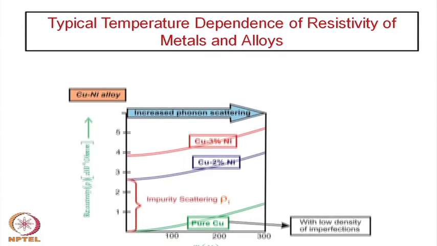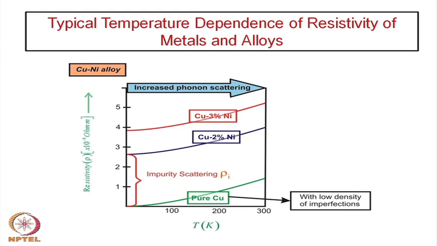And this is the plot which we have already presented, but just for the sake of completeness, once again we are giving it to you because it describes many different other points we have discussed so far. For example, this is the resistivity curve of pure copper, where there is basically no impurity effect, it is primarily the temperature effect.